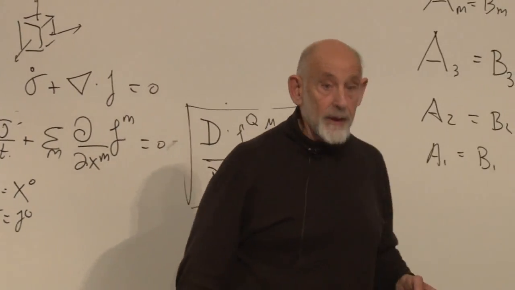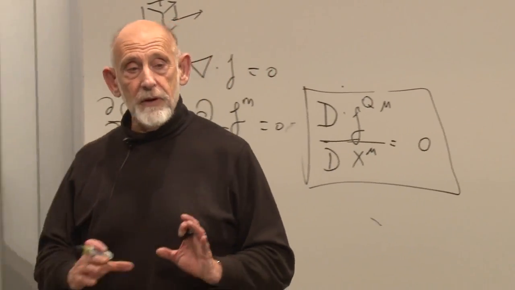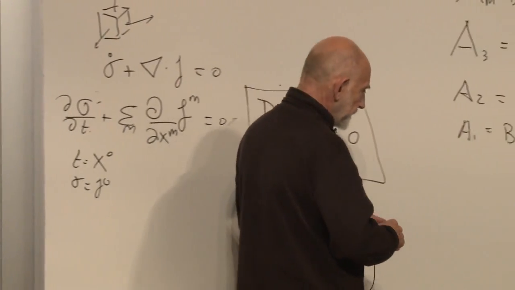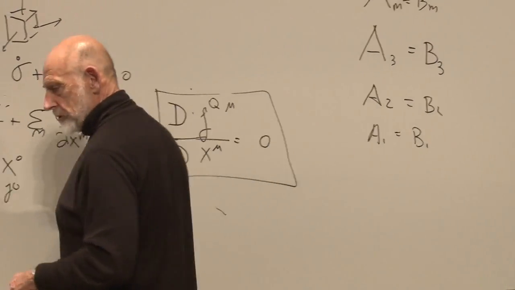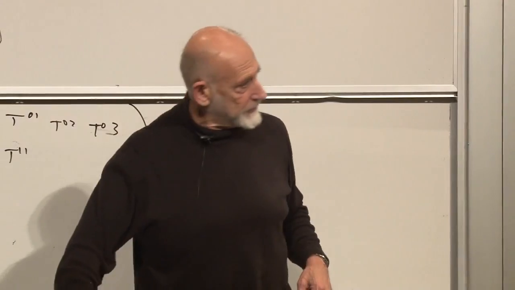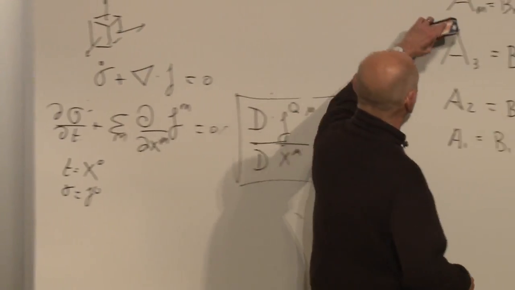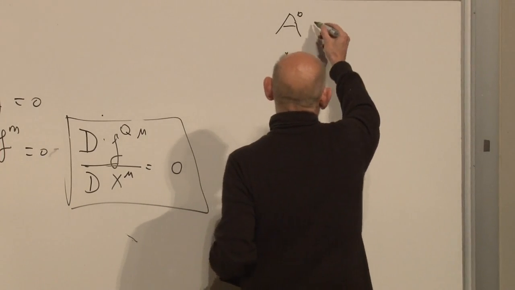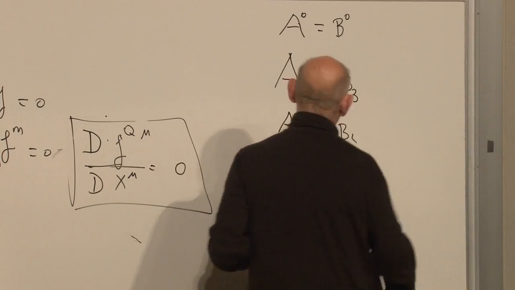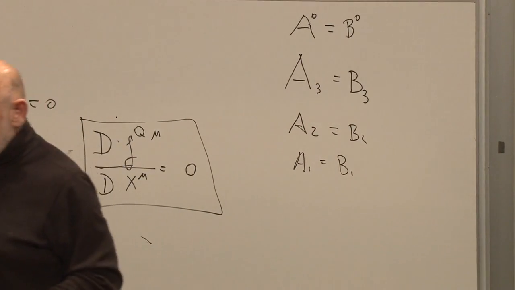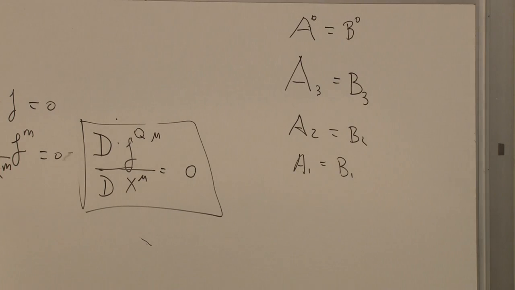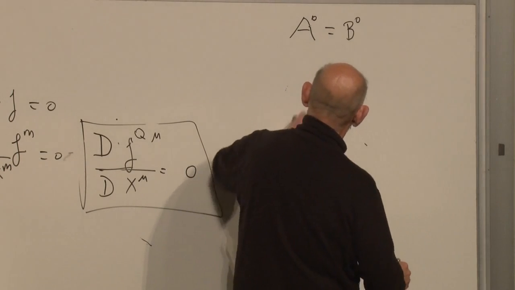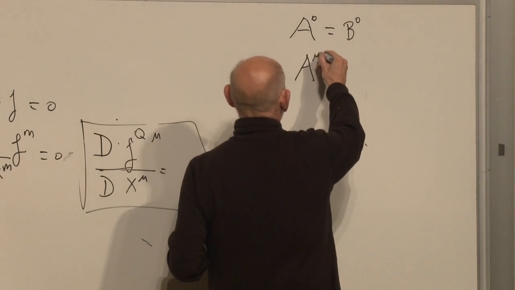When you go to relativity, the same thing is true even including the time component of equations. If it were true, for example, in every frame of reference, that a certain 4-vector, now this is a 4-vector, this is the time component of it, A0, is always equal to B0 in every frame of reference, then the only way that can be true is if all components are equal in every frame of reference. A mu is equal to B mu.